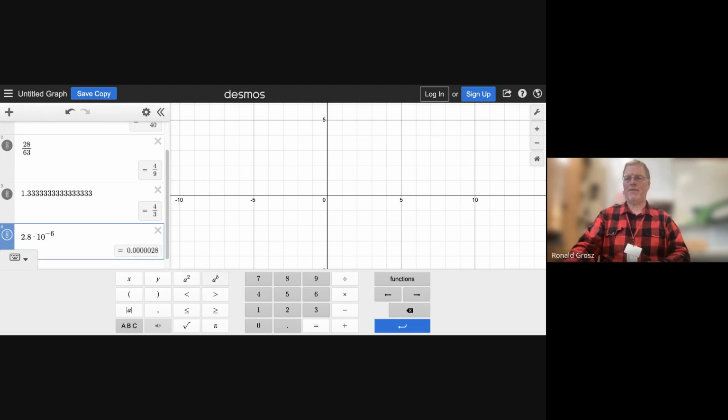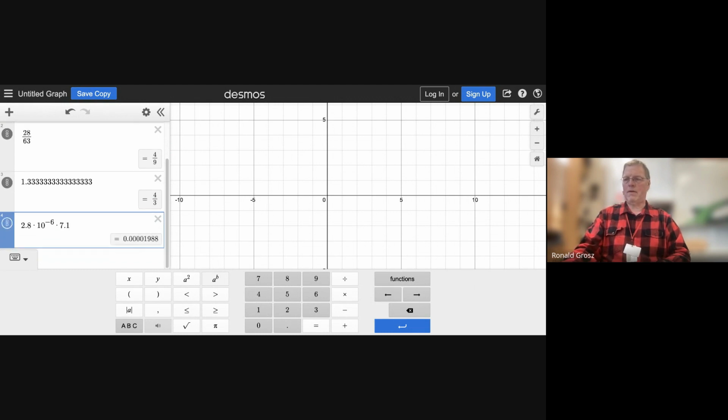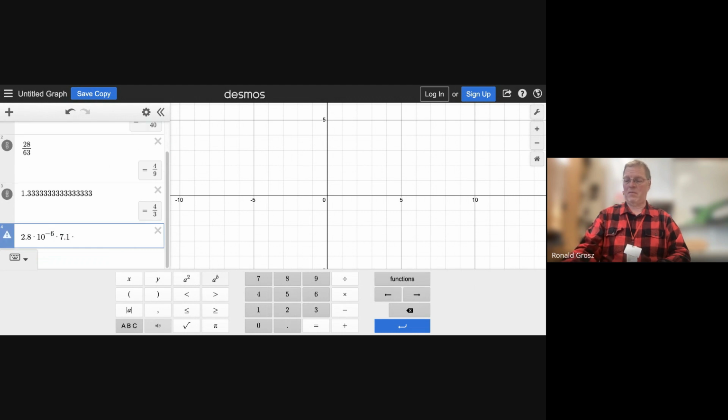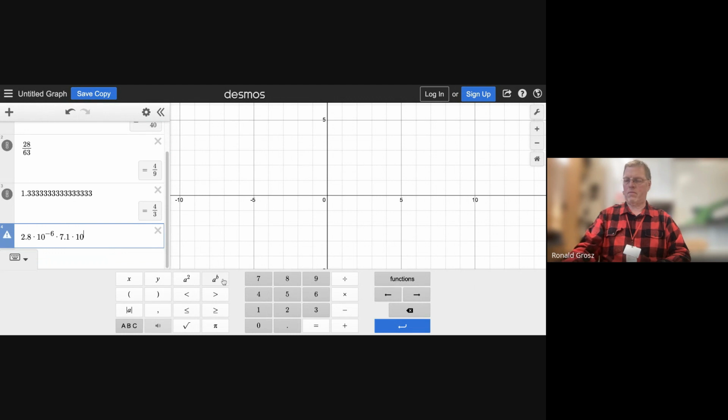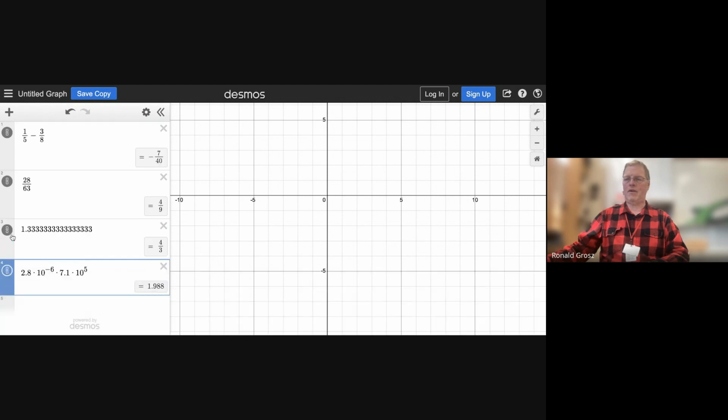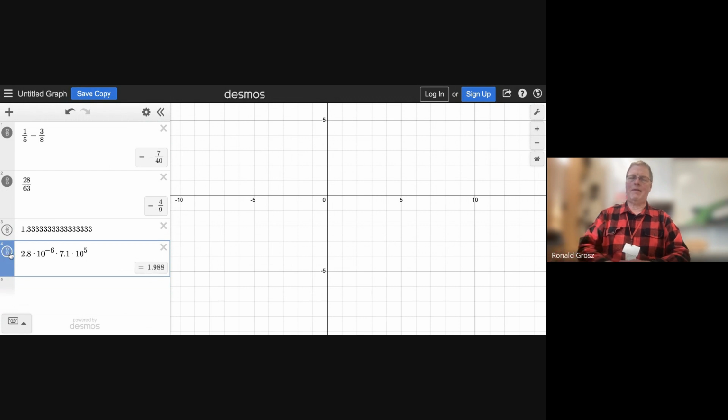Let's say it's the -6 power times 7.1 times 10 to the 5th power. That should give you your decimal. And if you want that as a fraction, you can go ahead and change it into it by hitting the button off to the side. It might be handy as a decimal.